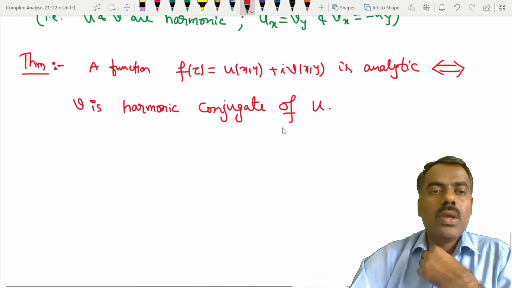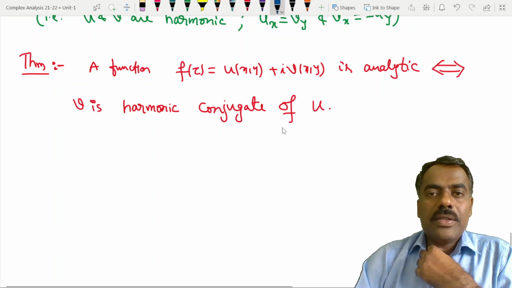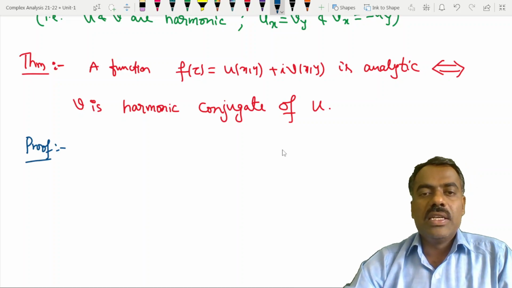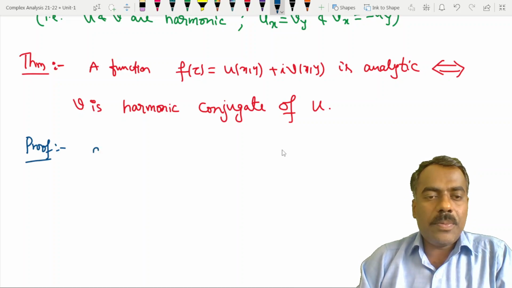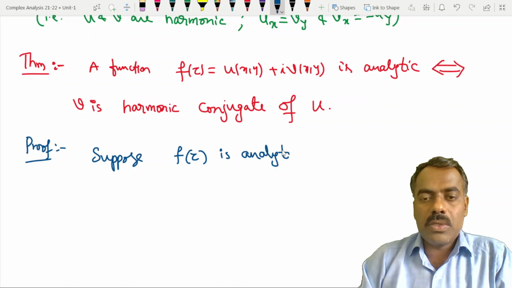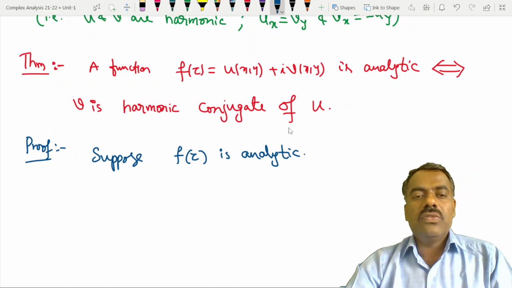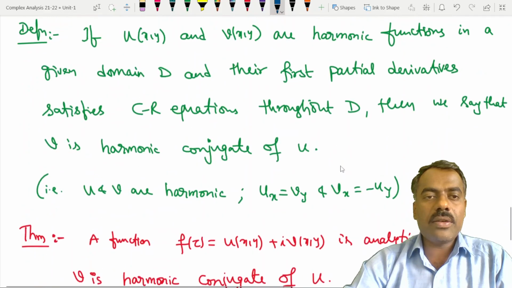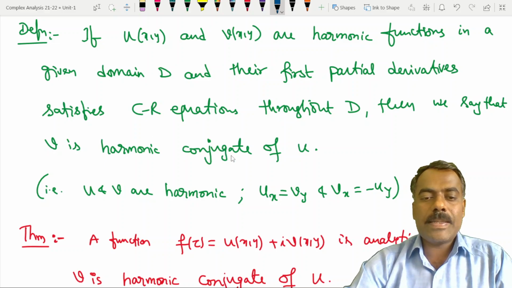The proof is not a difficult one. It follows from everything we know already. Suppose that f of z is analytic. Then we want to show that v is a harmonic conjugate of u. By definition, u and v should be harmonic functions, and they should satisfy CR equations, right?